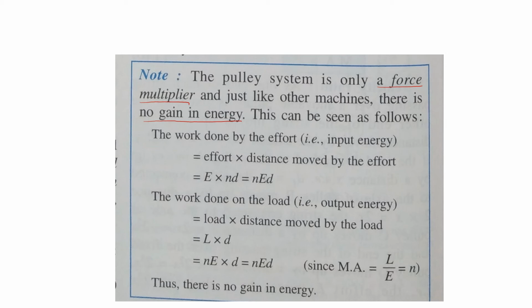The work done by the effort, that is the input energy. Work done is nothing but energy, and it is effort into the distance moved by the effort. That is E into nd. We have seen the distance moved by the effort is nd. So effort into the distance moved by the effort is equal to E into nd. So nEd.